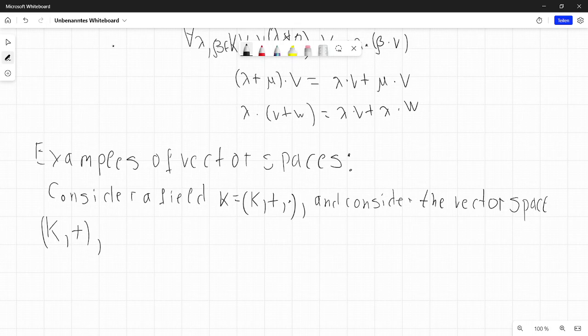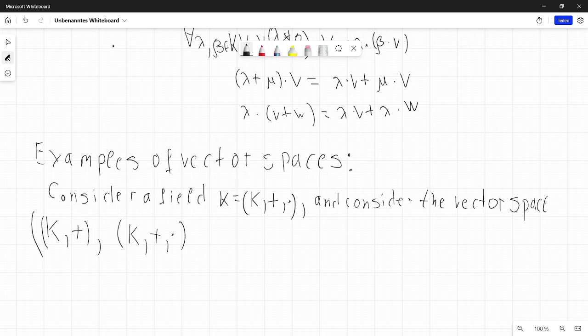Because that's a group, we can take this group, no problem with that. It is a group, just by definition of a field. We take as our field K itself, no problem. There it was different letters, but it could be the same set, no problem.